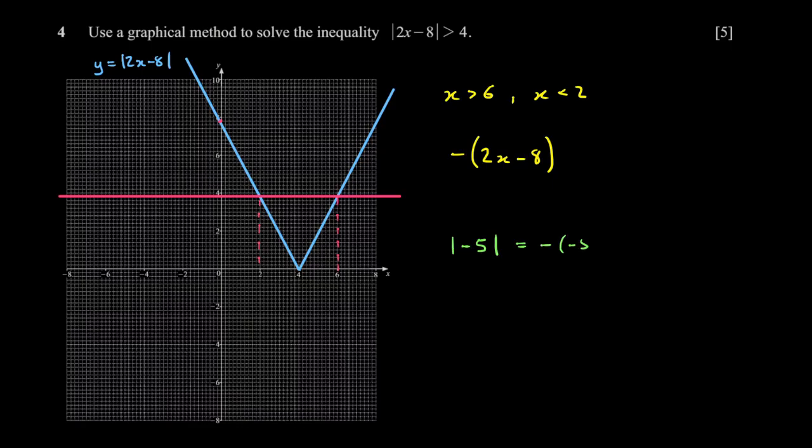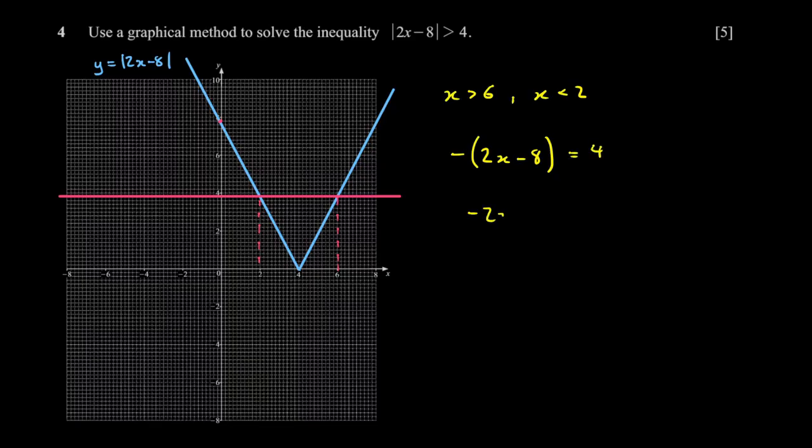So we get negative of -5 is equal to +5. So in the same way, if I had the graph of y equals 2x minus 8, and that value of 2x minus 8 was negative right down here, then if I multiply it by -1, then I'm going to turn it into a positive. Okay, so I can say that the left-hand side of the graph is like negative of 2x minus 8, and I want to find out where that is equal to 4.